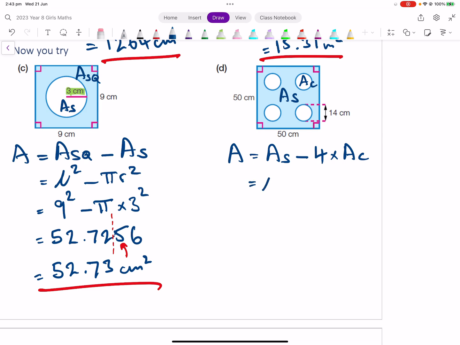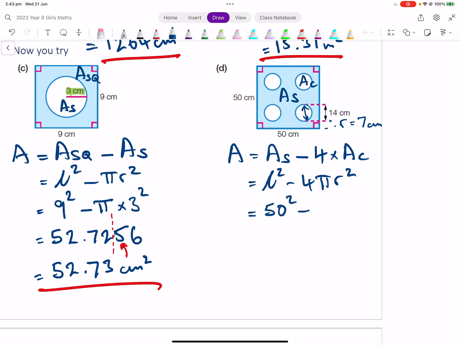The area of a square is length squared minus 4 times pi r squared. Ooh, what's r here? It looks to me like they've given us 14 centimeters, but that's the diameter. So r is going to be 7 centimeters, not 14.